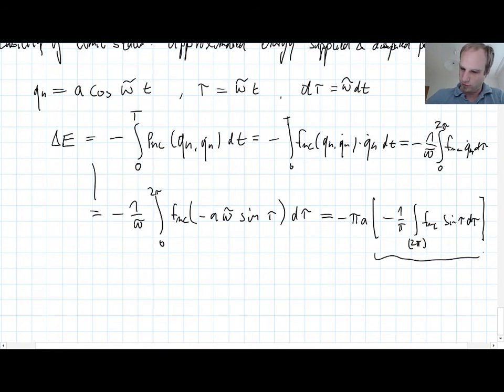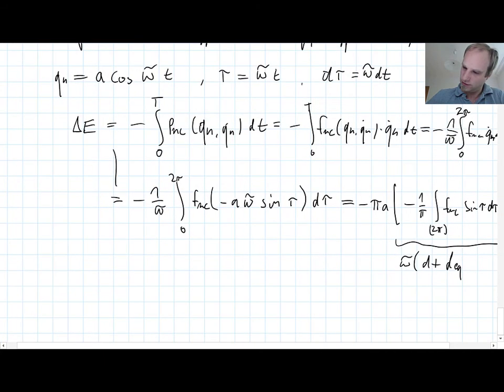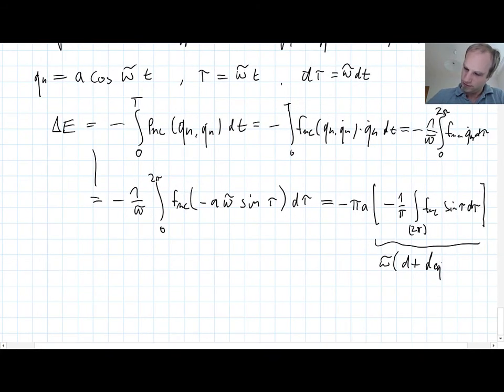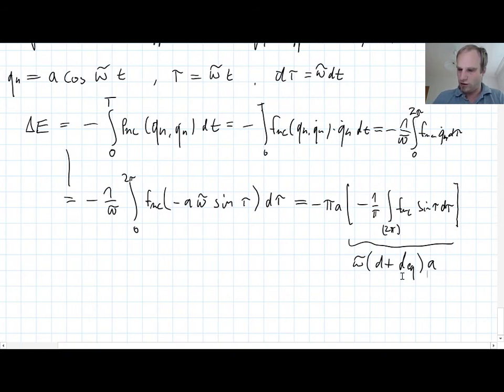And now this is omega tilde, d plus d equivalent, times A. So that's just the definition of damping and equivalent damping and overall damping.